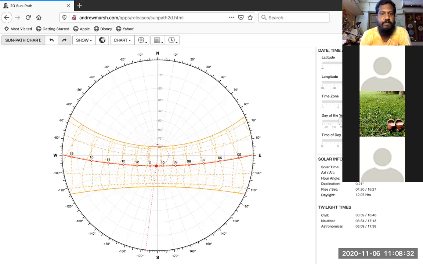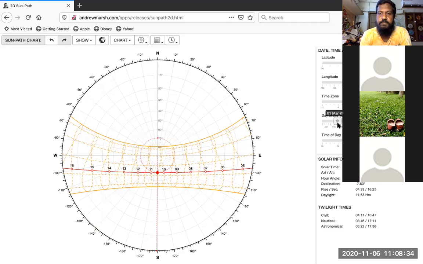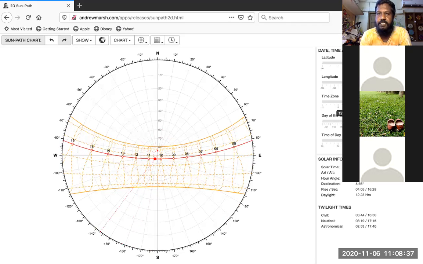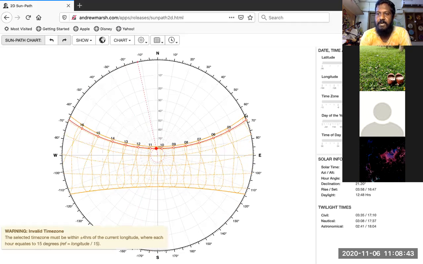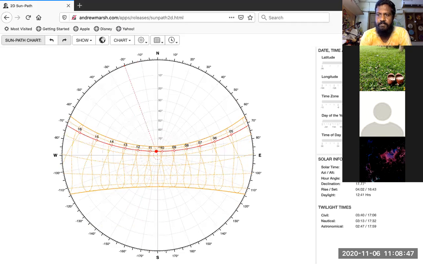And here we can process which part of the year, which date we need to find the sun path for. You don't need to worry about the 2014 which has been marked here. That's not a problem. It's the same throughout the various years.